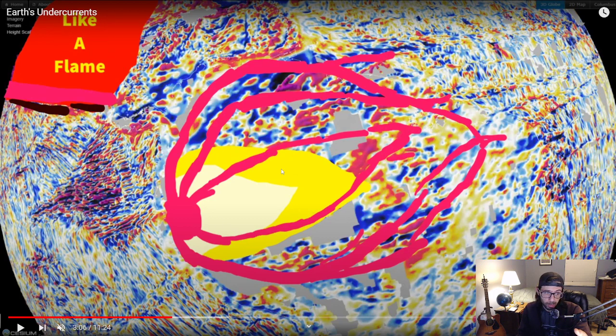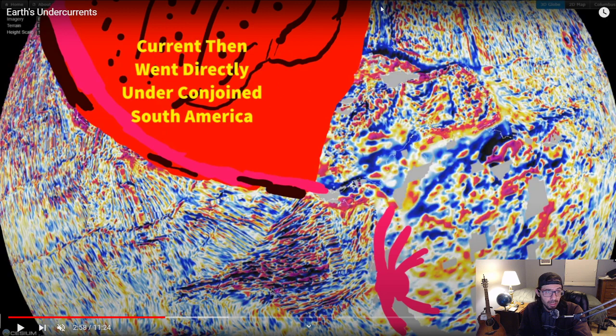This current was flowing over here from the westward current to a degree, but it really seems to have been somewhat entrapped by the boundary, so that it only had a portion of current here that was going more directly out here into Australia and up this way.